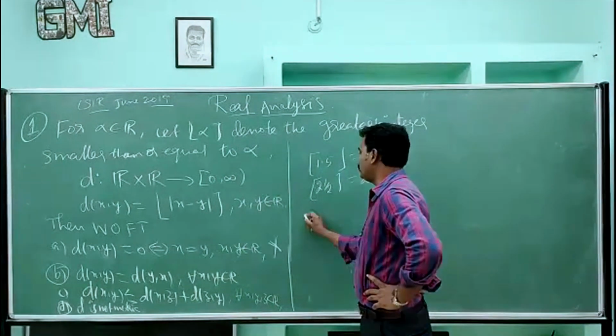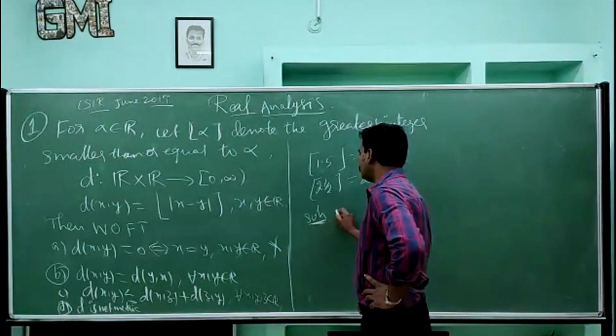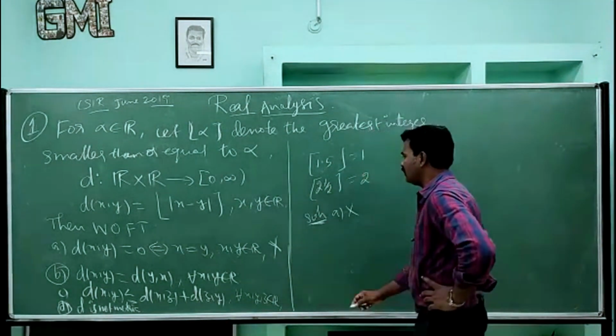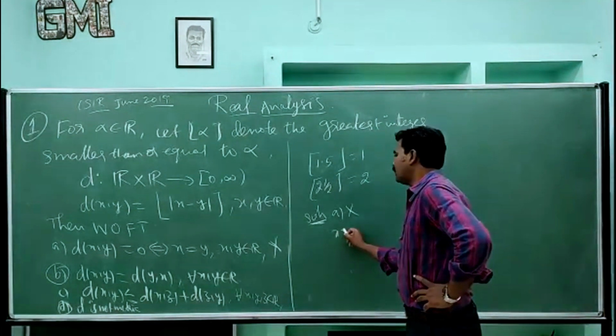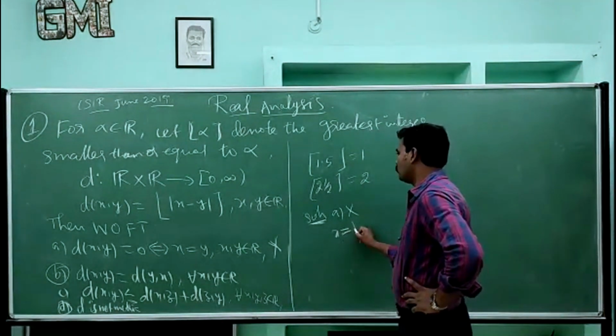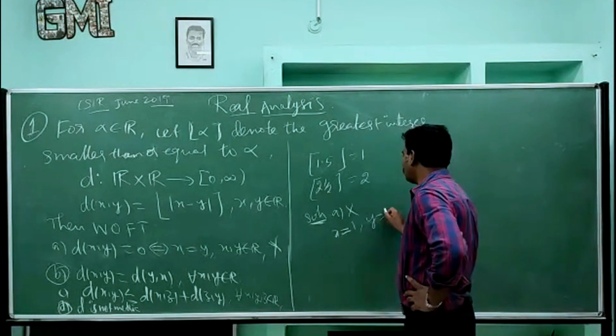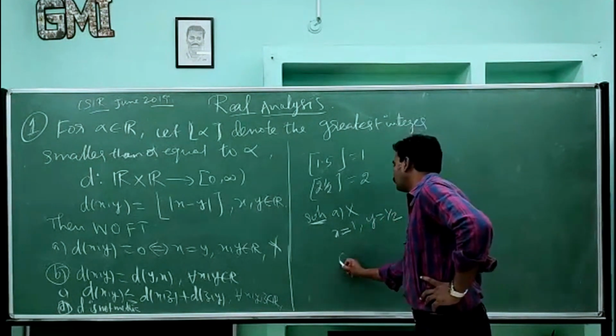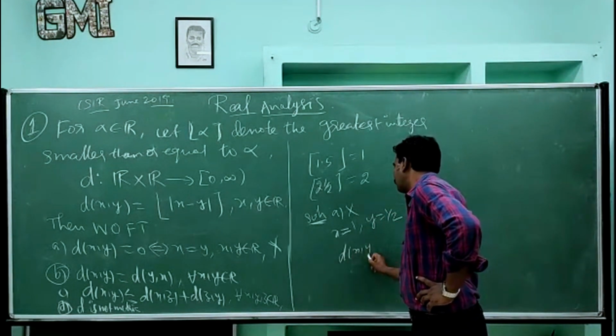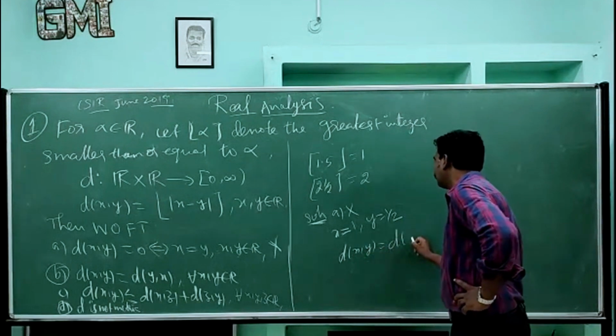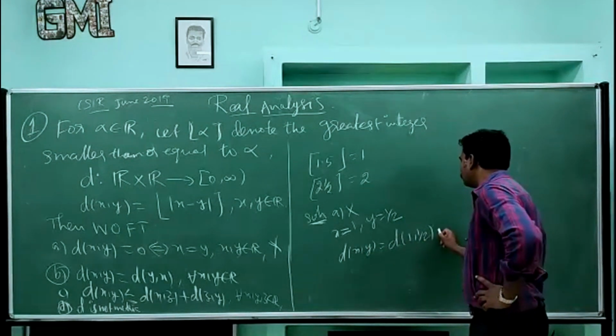Okay. Solution. A is false. We just have to give the reason. x = 1, y = 1/2. d(x, y) implies d(1, 1/2).